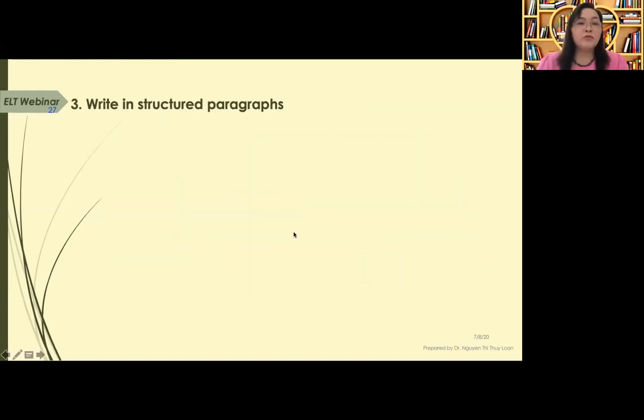Okay, so now move to number 3. No matter how many subtopics you have for the literature review chapter, you need to organize your writing into paragraphs. Organizing into paragraphs helps you avoid the shopping list, because sometimes you write the literature review chapter like a list of the relevant studies.